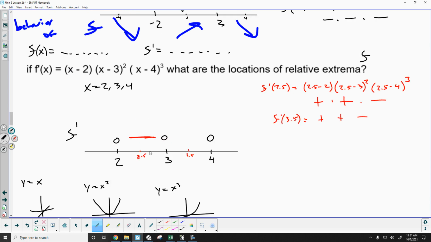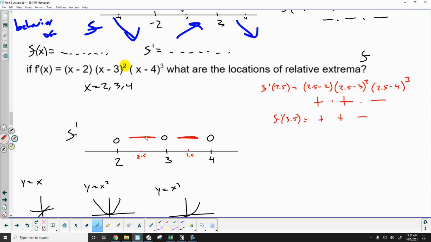At x equals 3, the multiplicity of the root x equals 3 is 2. I look at the exponent, that's the multiplicity. Which means at x equals 3, my graph reacts like x squared. So at x equals 3, we don't change signs, we bounce. Now let's go to the left of 2.